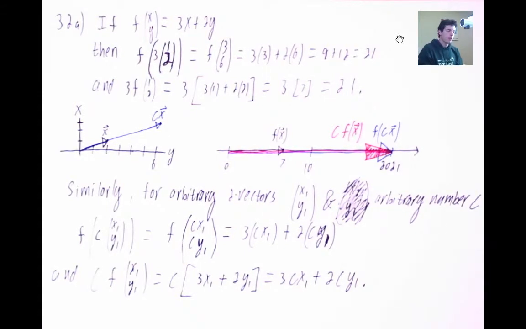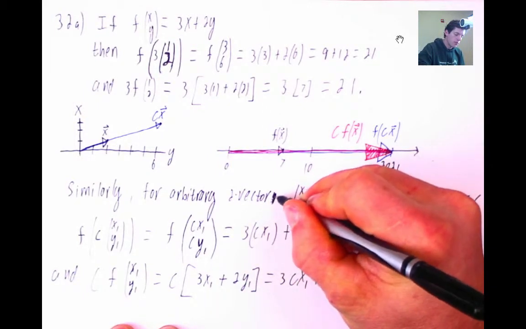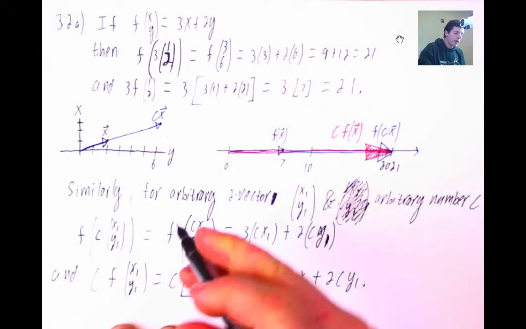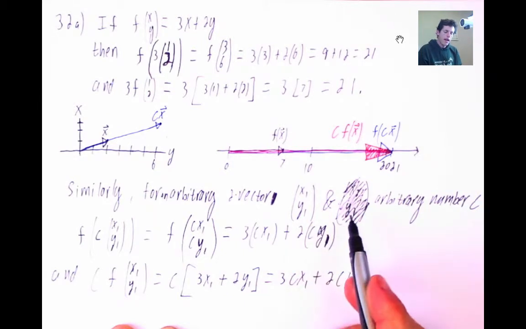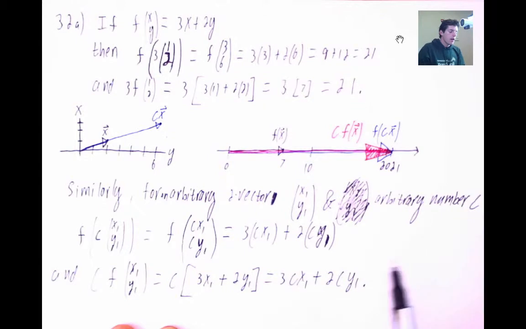Okay. So for an arbitrary 2-vector, and for some reason I was thinking I needed two vectors. It's another senior moment. So for an arbitrary 2-vector (x1, y1), and arbitrary number c, f of c times (x1, y1). Well, okay, a scalar multiplication of a 2-vector looks like this.